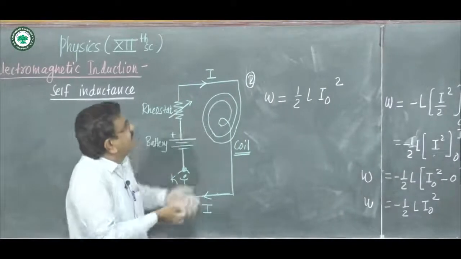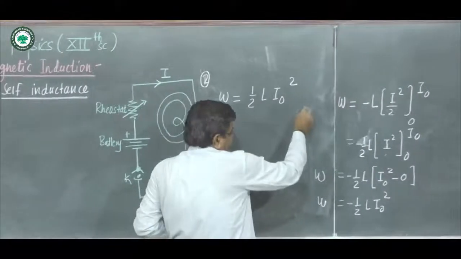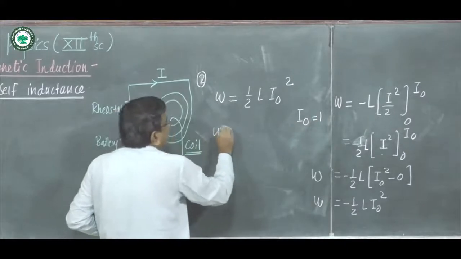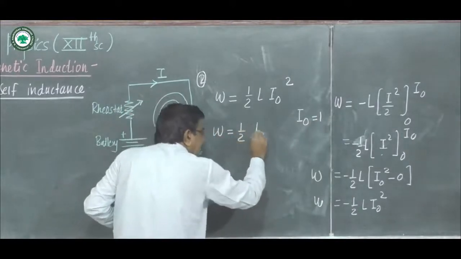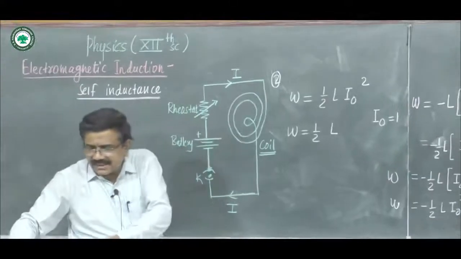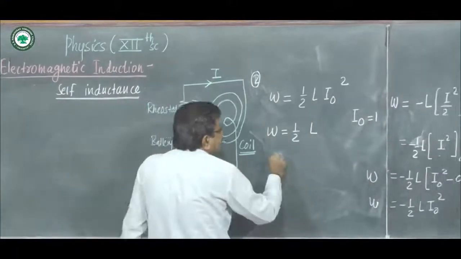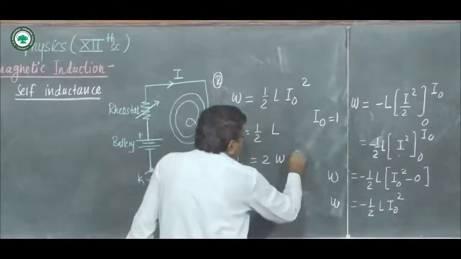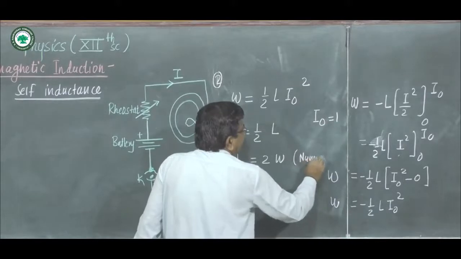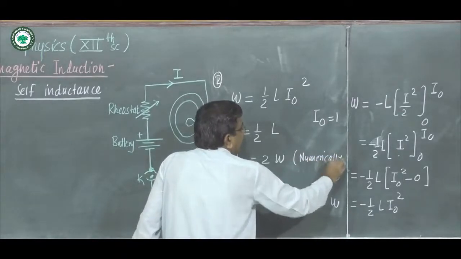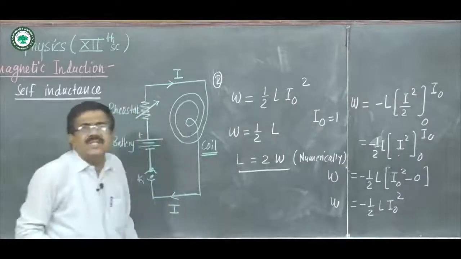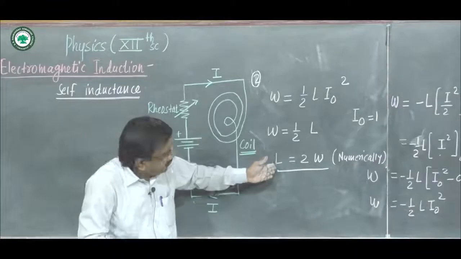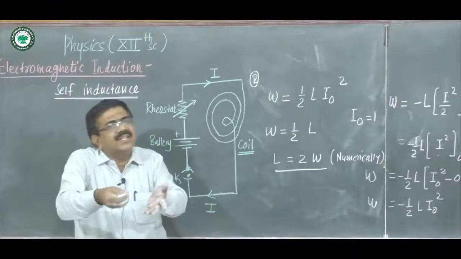And if the steady current I0 is 1, we get work as 1/2 L, or this inductance L as twice W. This is numerically, because we consider here the magnitude. This self inductance is equal to twice the work, and hence we define self inductance in another way, a third way.